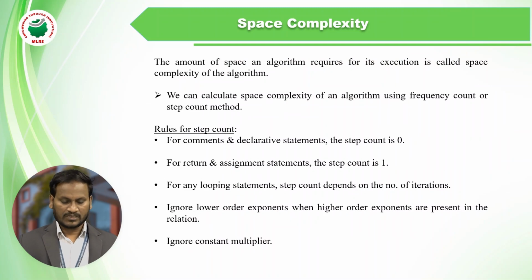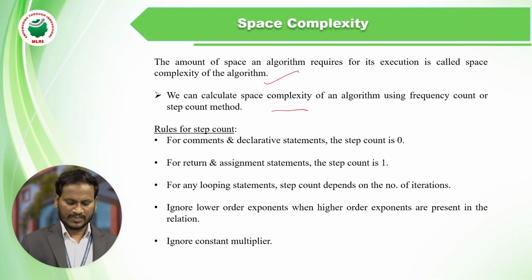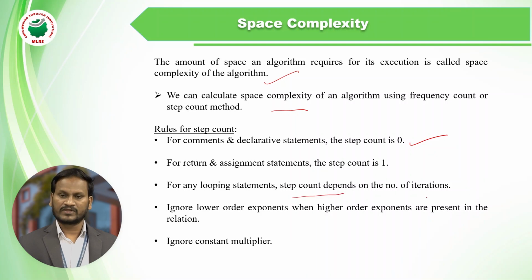Next, the amount of space an algorithm requires for its execution is called space complexity. When calculating space complexity, we use the following rules. First one, for comments and declarative statements, the step count is 0. Second, for any looping statements, step count depends on the number of iterations.